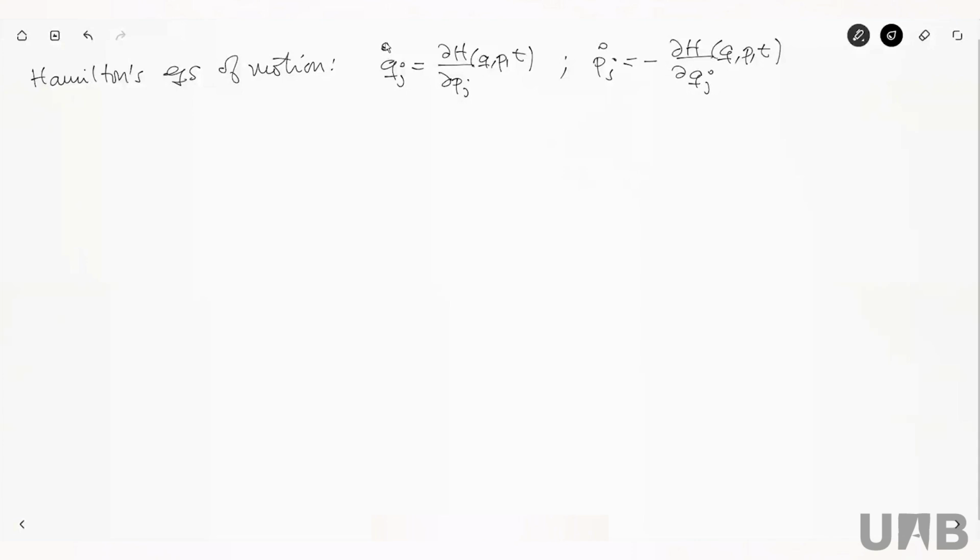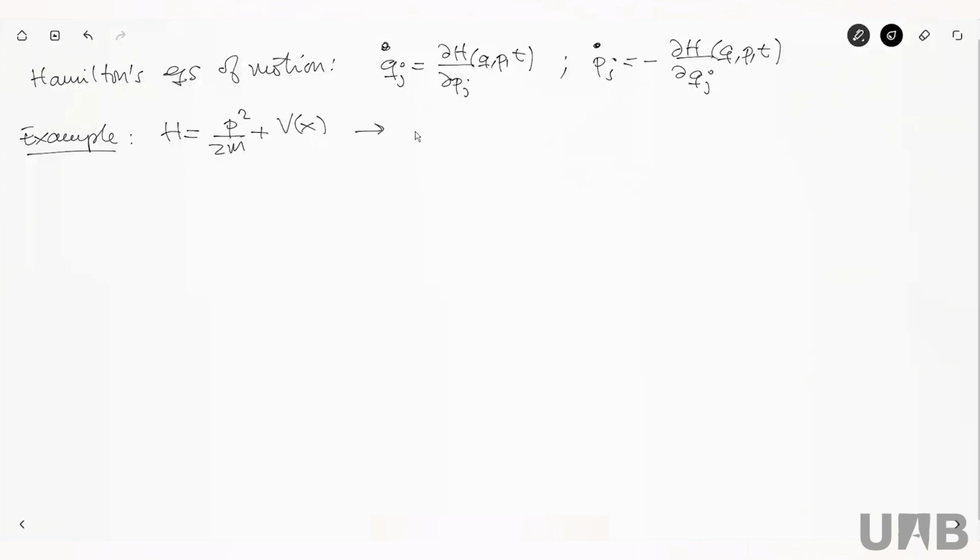Okay? And another thing, a trivial kind of thing, but I think it's easy to fix, a possible confusion that you might have. After a while, you might start thinking, what is this minus sign, here or here? And which is the derivative that I have to take? H with respect to p is q dot, or H with respect to q is p dot? So what is this thing? Example. Remember always this simple example. The Hamiltonian given by p squared divided by 2m plus the potential, in one variable, just the simplest case.